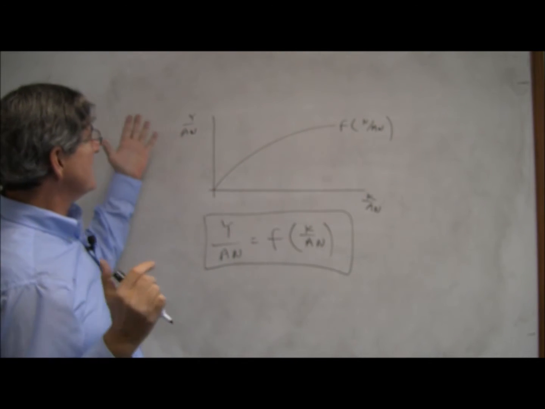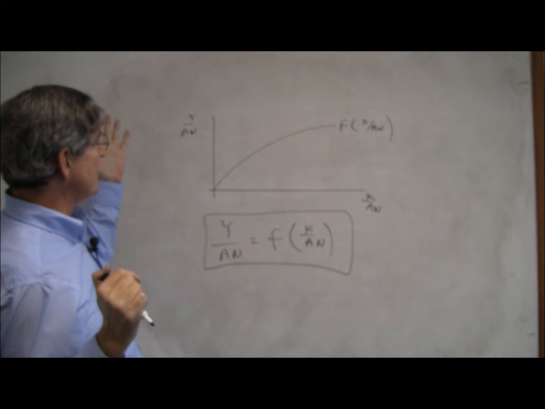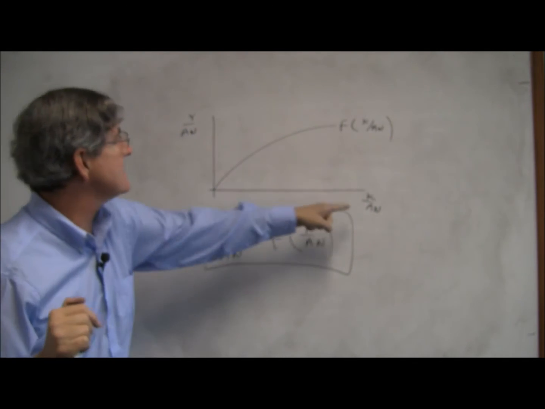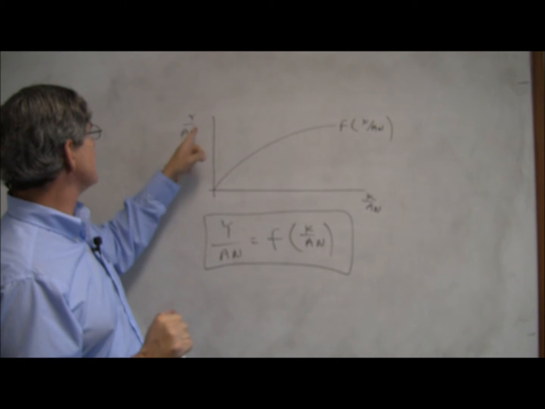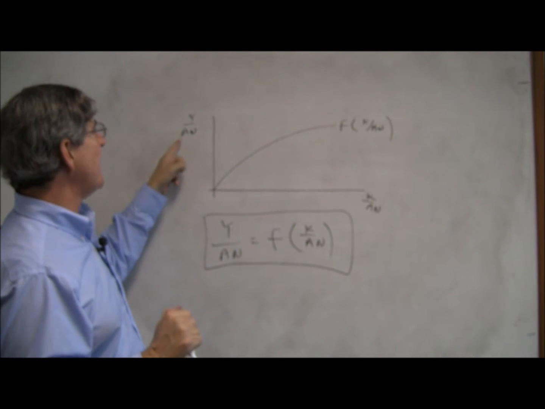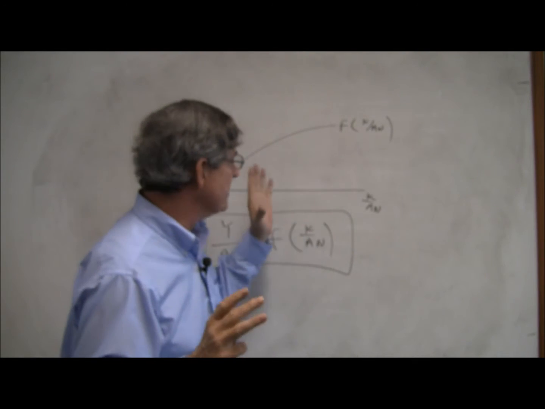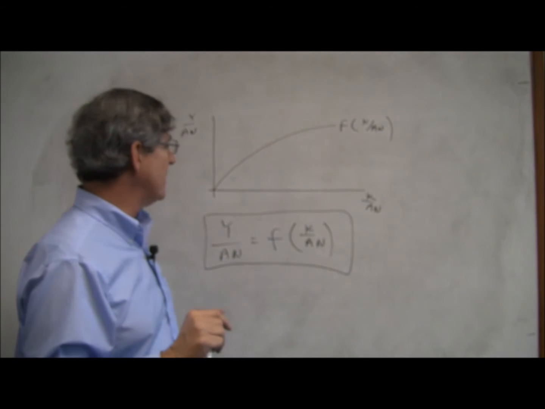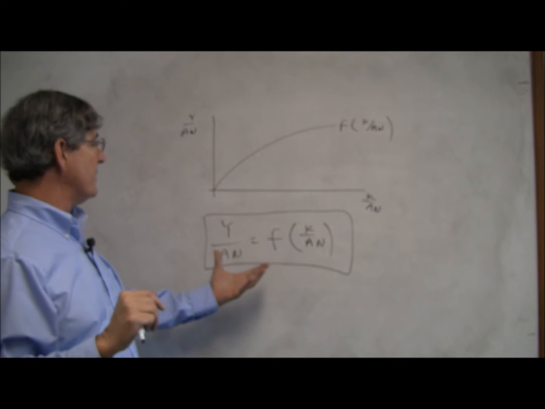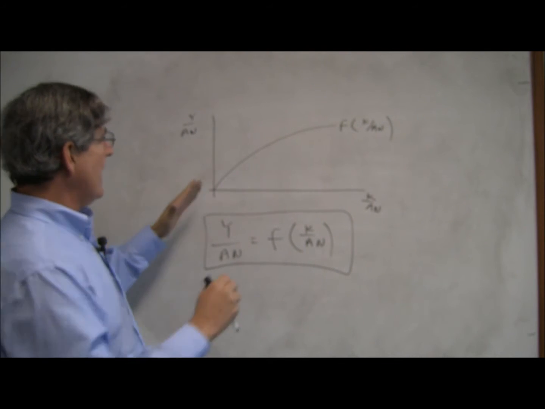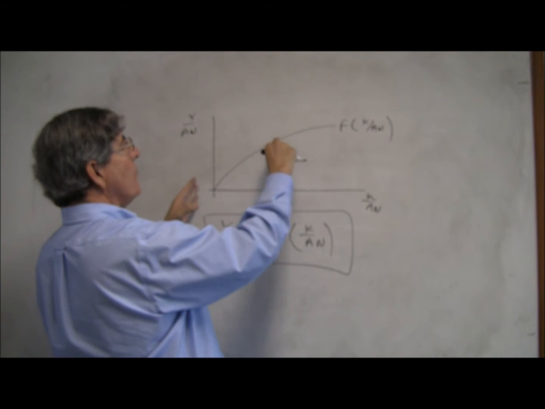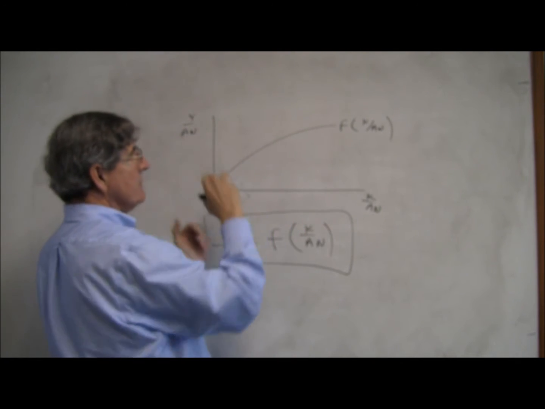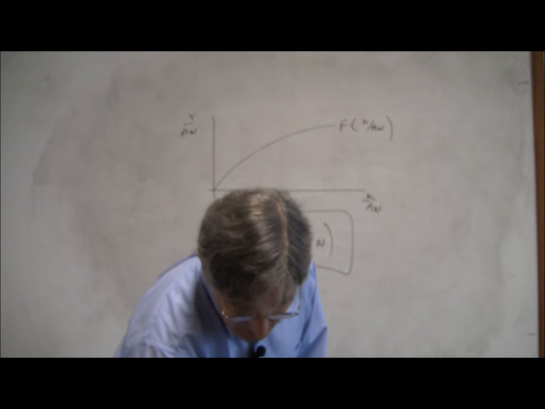This is a standard production function, just the axes are now a little bit different. Last chapter we just had Y over N. Essentially A was 1 and never changed. Now we have K over AN and Y over AN, but it's a standard production function. So it shows that as you increase K over AN, the effect on output is less and less. So you have diminishing returns to K over AN.